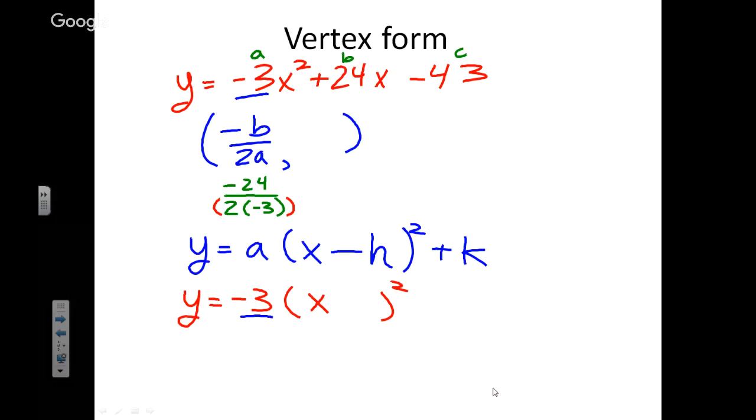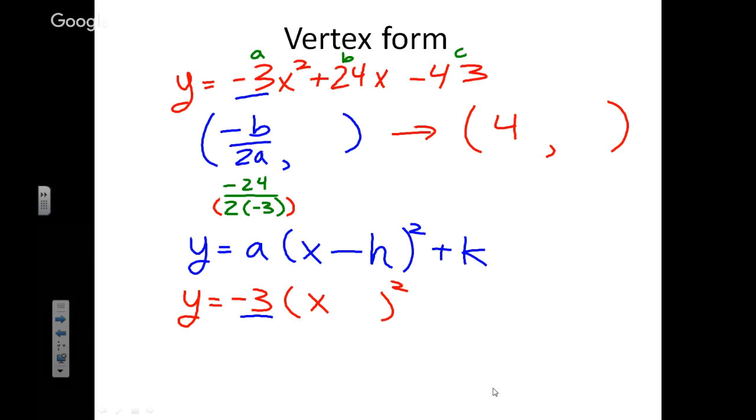But let's type this whole thing in. Everyone try this, because I want to make sure you're not going to make a mistake on this tomorrow. What do you get when you do negative 24 divided by that stuff? Positive 4. So now I know that 4 is the first part of my vertex.